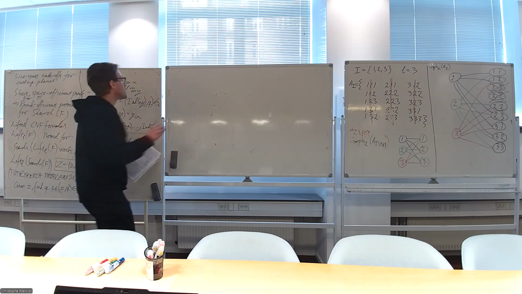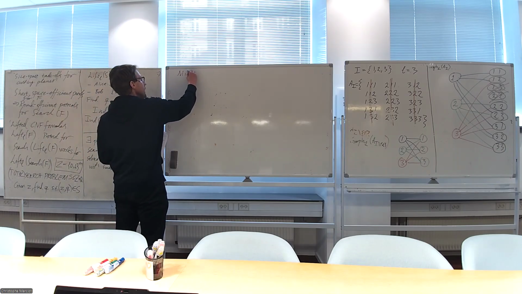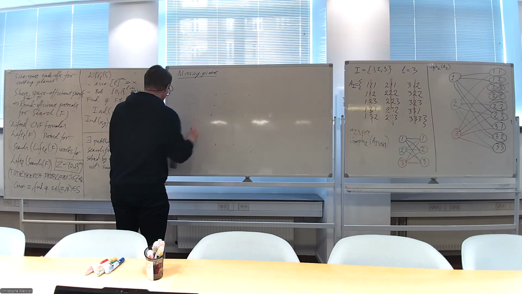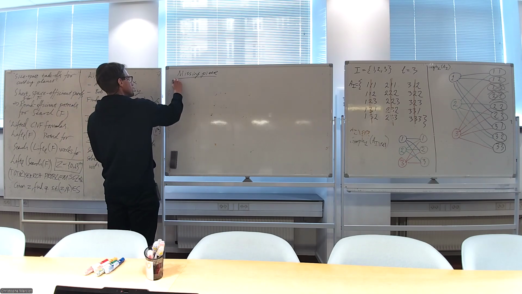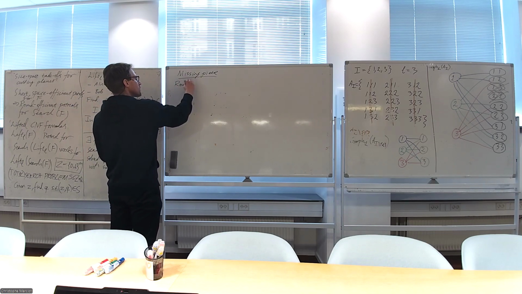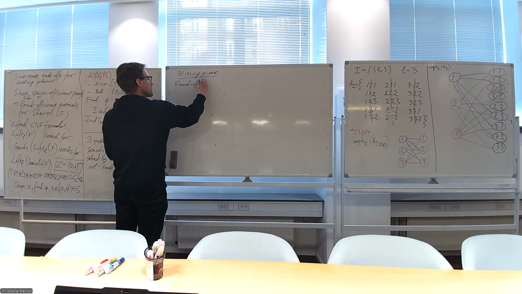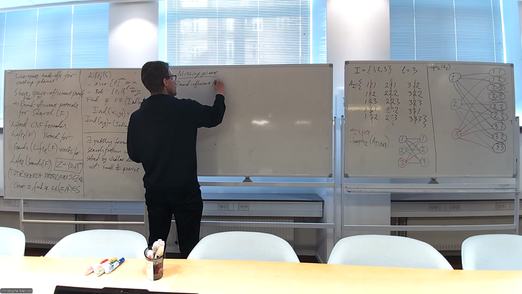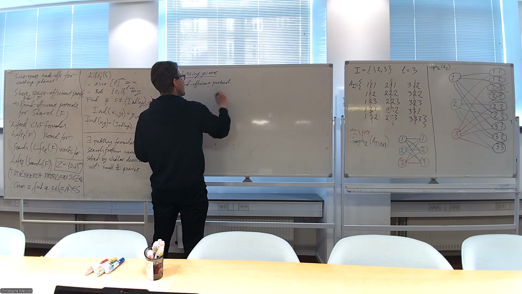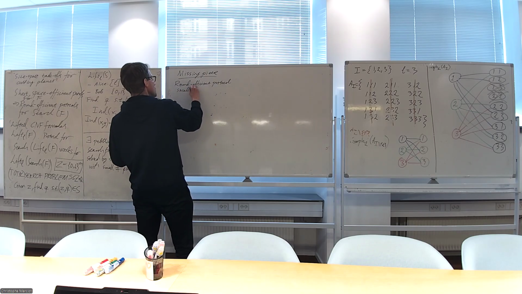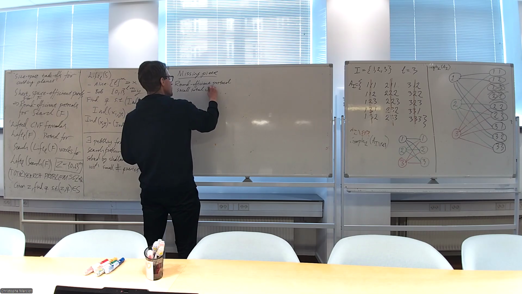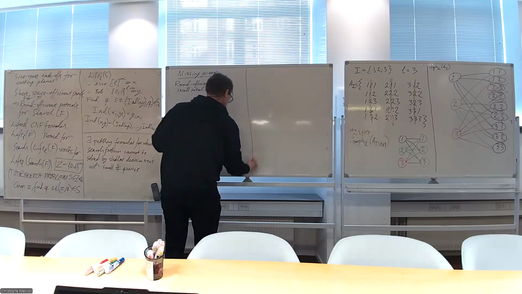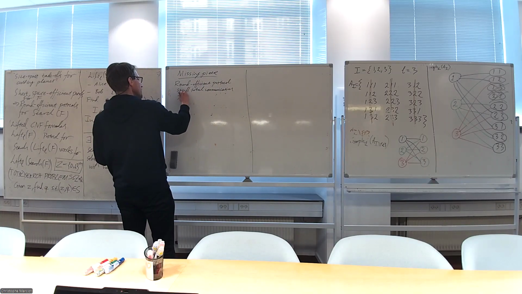And in order to put this together into a trade-off result, we have the missing piece that we're going to do today, which is that if we have a round efficient protocol with small total communication for the lifted search problem.